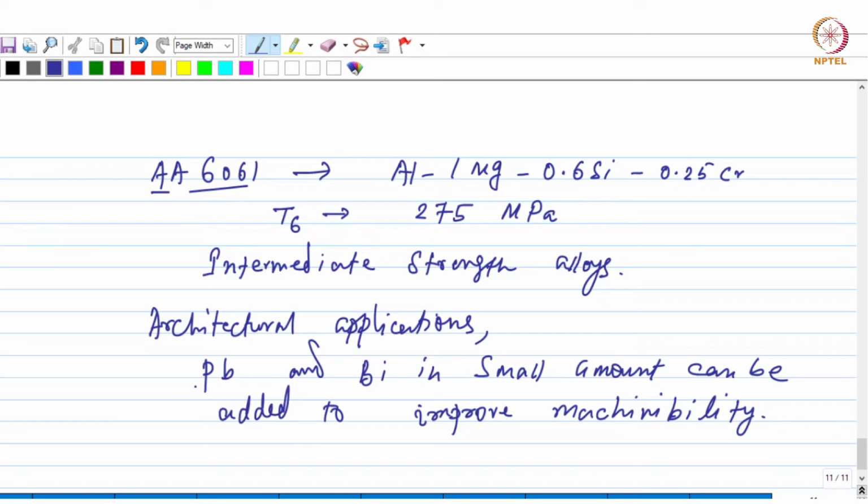And when you have presence of lead and bismuth, that alloy in fact becomes 6262. So here, apart from aluminium, magnesium and silicon, we also have some amount of copper and some bismuth and lead.